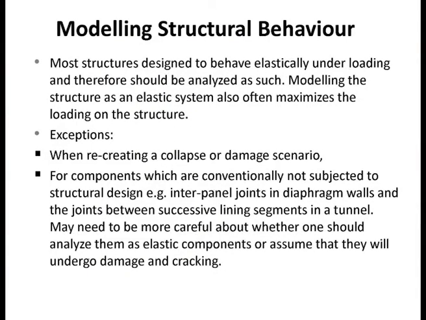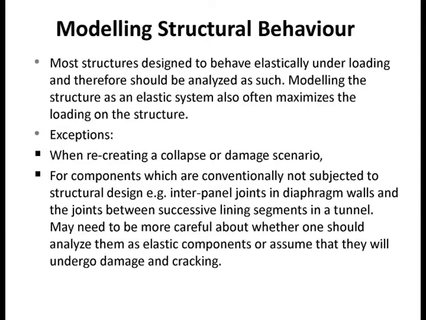Okay, what about the structural behavior? The behavior of the diaphragm wall. Usually we look into the diaphragm wall, the tunnel lining and the struts, all that. Usually I advocate using a simple linear elastic model because you know why? An elastic system like a structure would attract the most load.